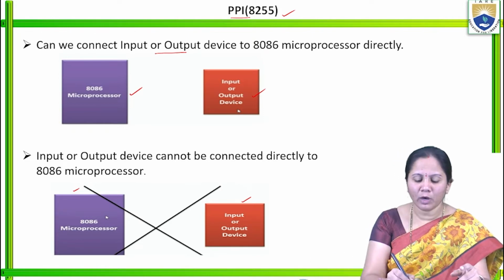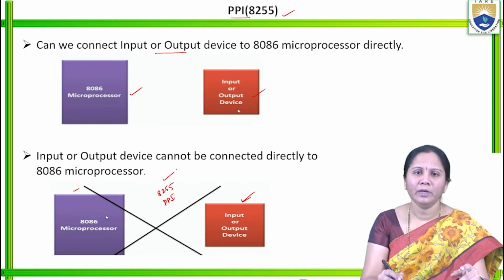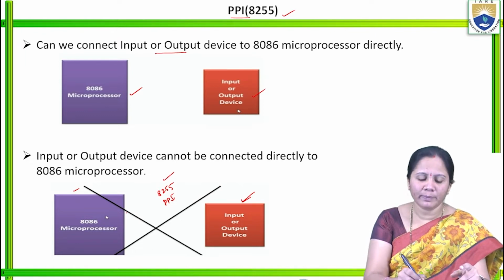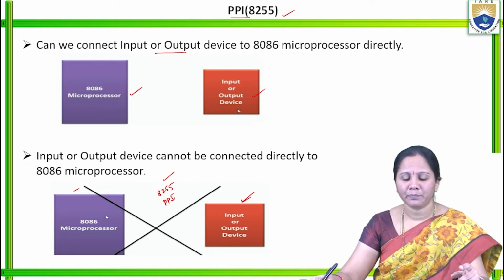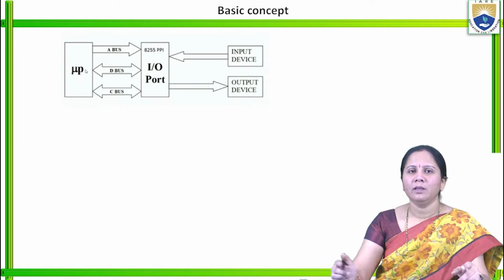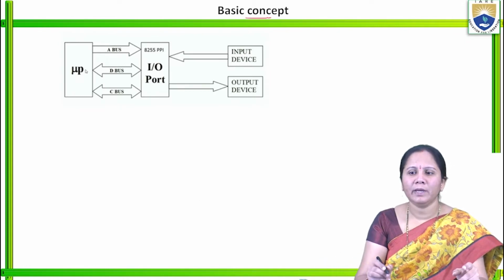That is why we use a mediator IC called 8255, which is called PPI. These I/O devices should first be connected to this 8255, and then that 8255 will be connected to the 8086 microprocessor. This is the basic concept behind this 8255 PPI.